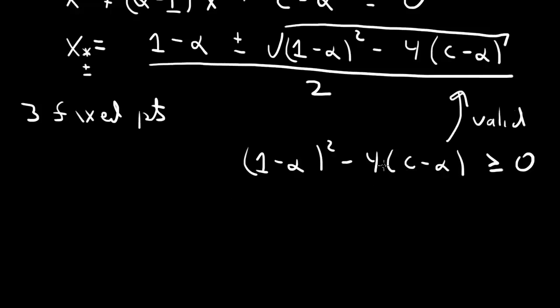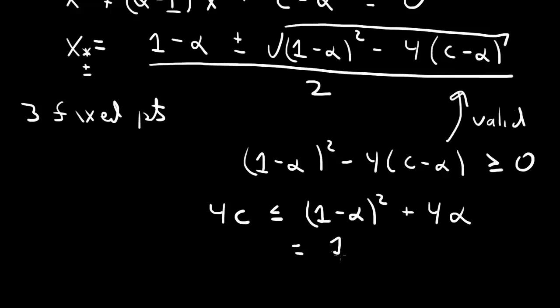So that means that we pull the minus 4c over to the right. So 4c is less than or equal to (1 minus alpha) squared plus 4 alpha. This is 1 minus 2 alpha plus alpha squared plus 4 alpha, which is (1 plus alpha) squared.